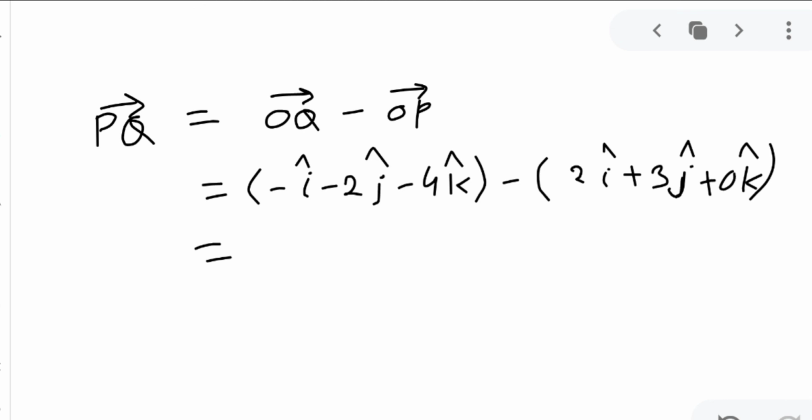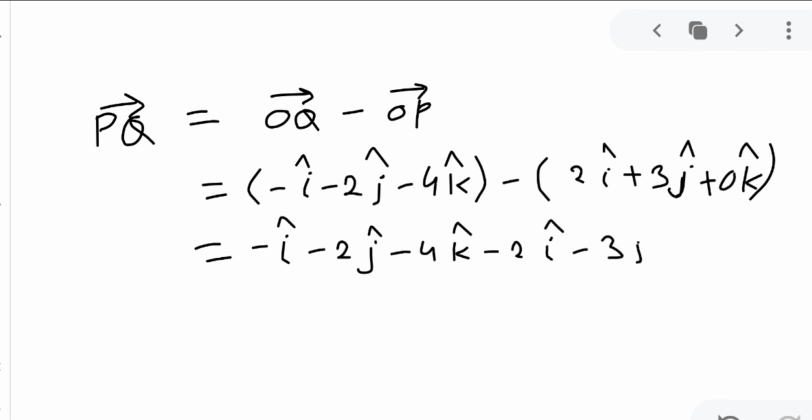Now we have to simplify this. I am writing one step: minus i minus 2j minus 4k, and when you multiply the minus, minus 2i minus 3j minus 0 into k. Now i with i: minus i minus 2i will be minus 3i.